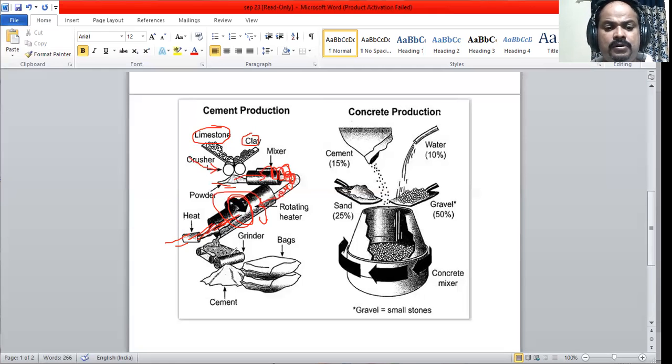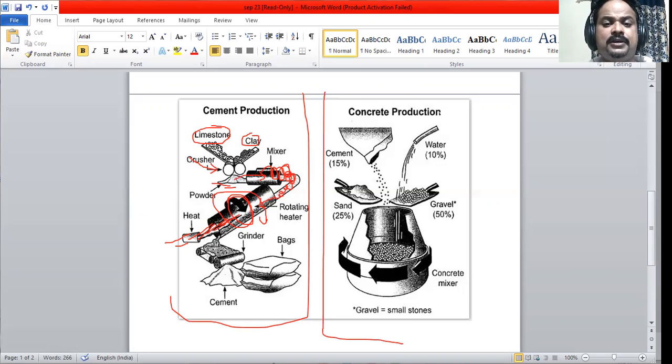Now, the cement is the final product from the raw materials limestone and clay, and this is packed in bags, which are very safe, waterproof maybe, and then it can be transported for distribution purposes. So this is the first process.